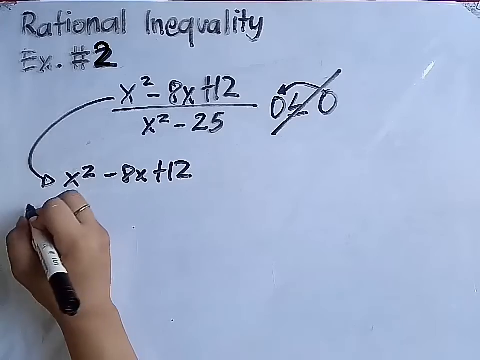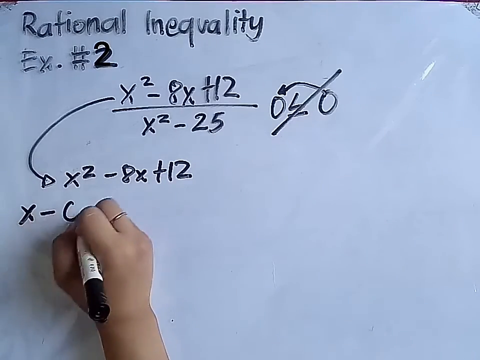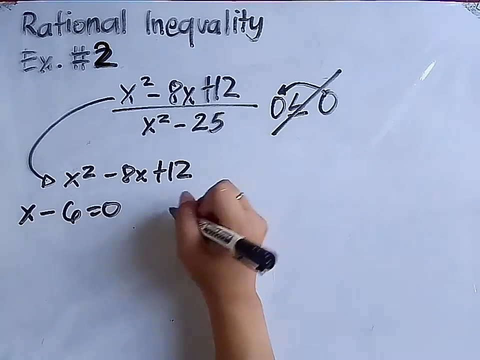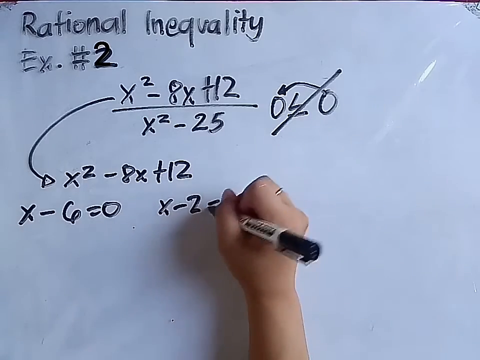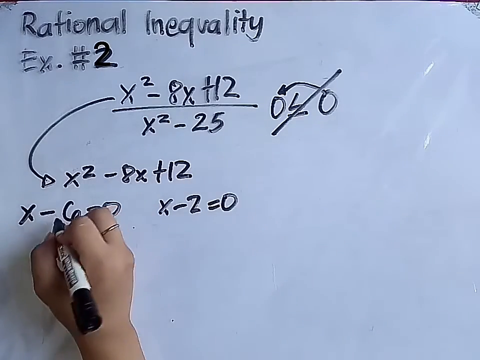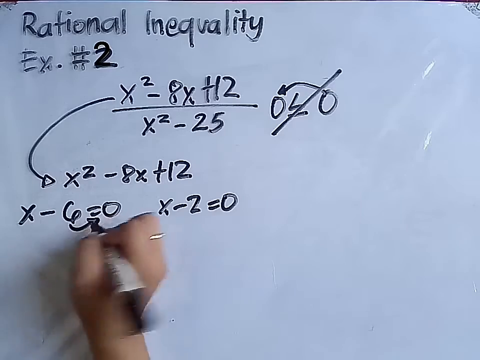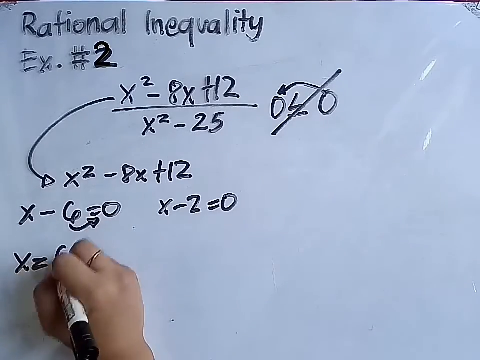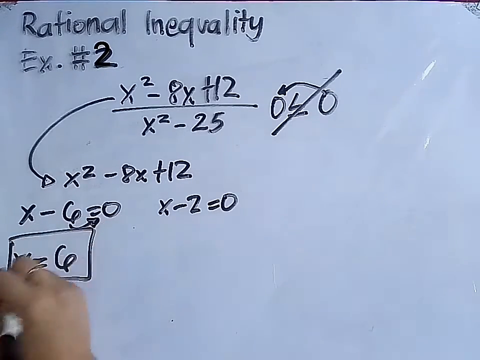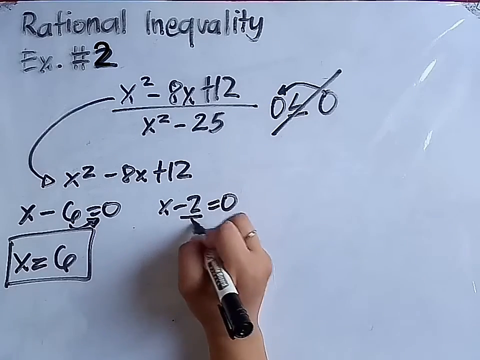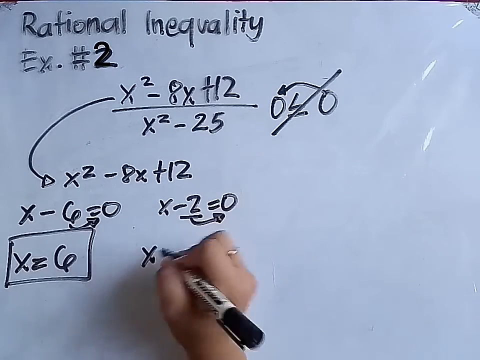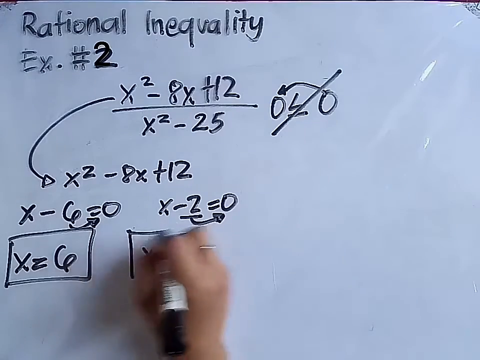Its two factors will be x minus 6 equals 0 and x minus 2 equals 0. Transpose the negative 6 to the other side, so x will be positive 6. Transpose also the negative 2, so x will be positive 2.